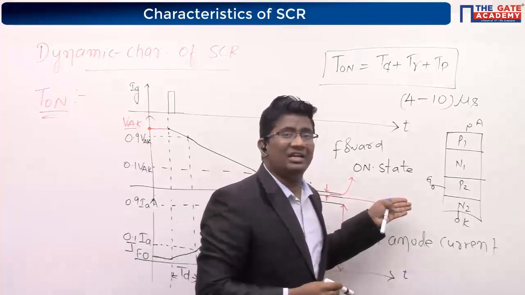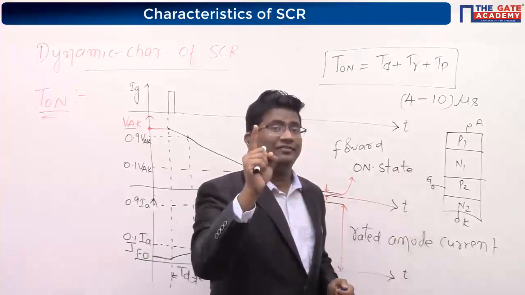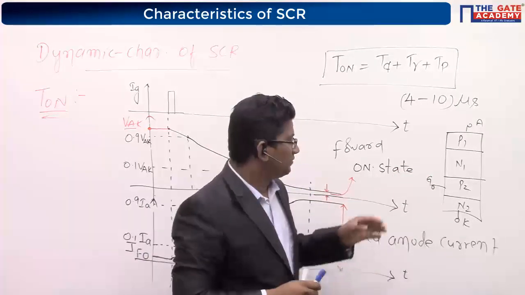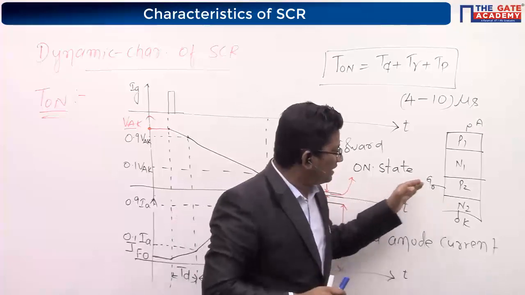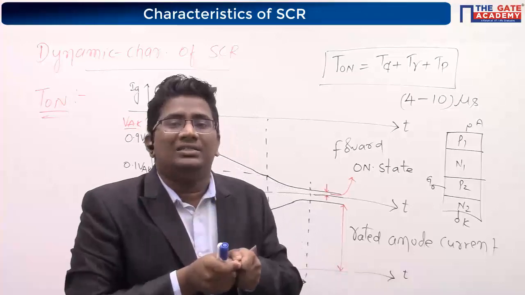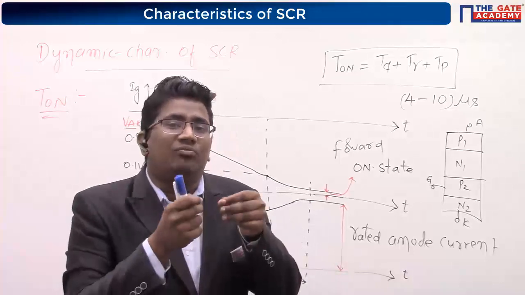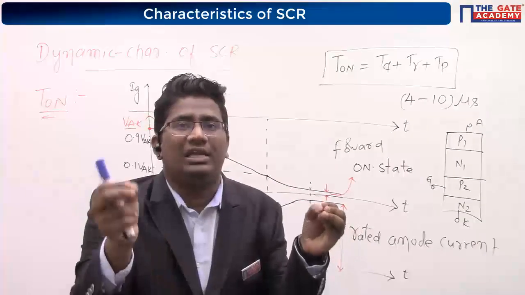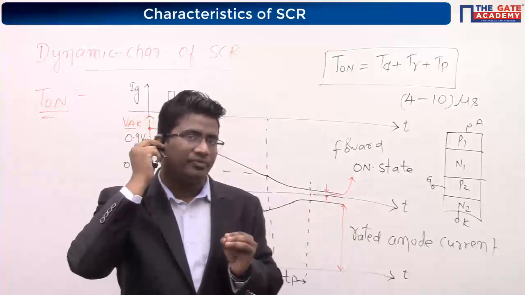Once you are giving a gate pulse, listen to this point, very important, don't miss this. Once you give a gate pulse, you are inserting charged particles, and the charged particles are moving with some velocity or not? Yes or no? Only one thing you tell me.